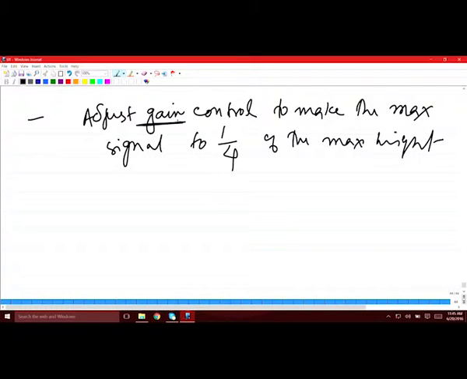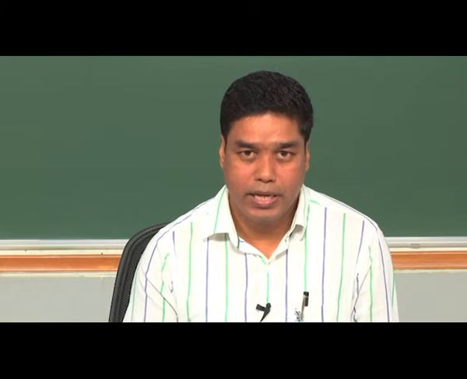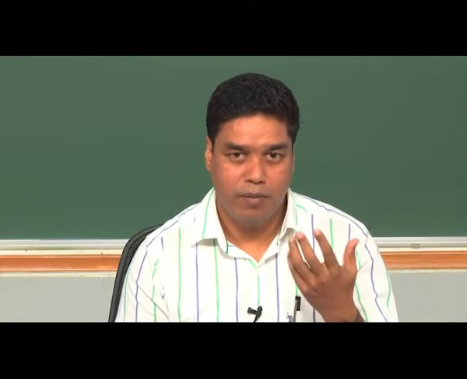So, that means at this point in time I should also tell you what do you mean by gain and how you control it. Okay. Gain, as the name suggests, you may all know, this is to increase or decrease a particular intensity or an amplitude of a signal. Okay.